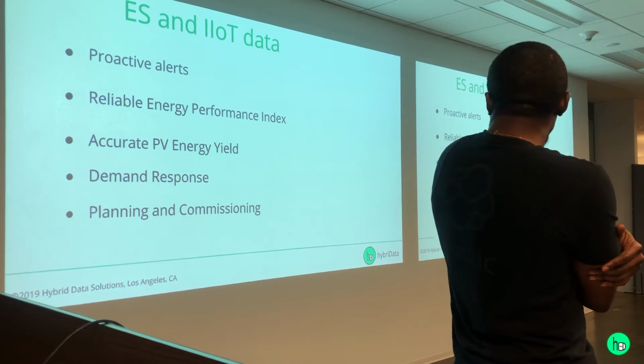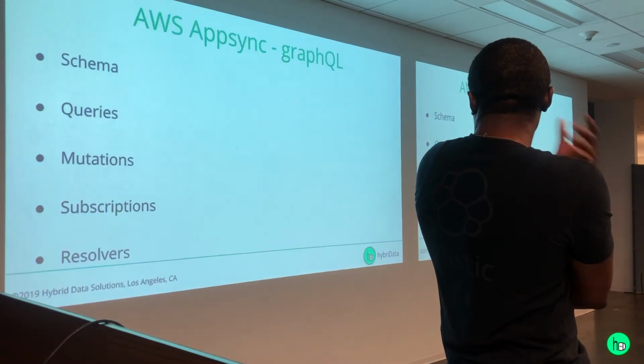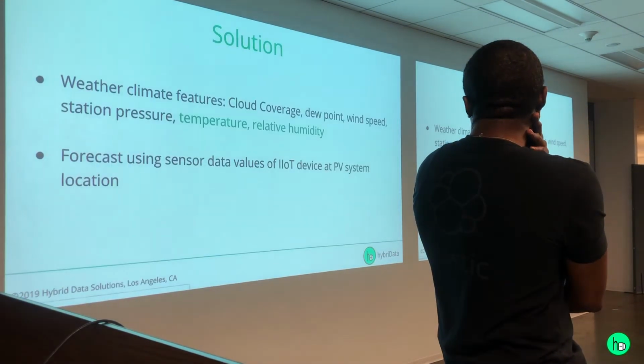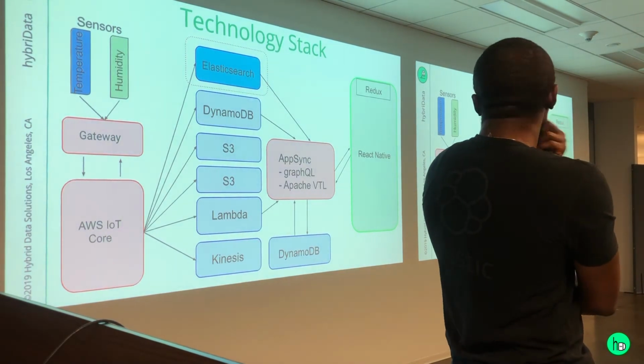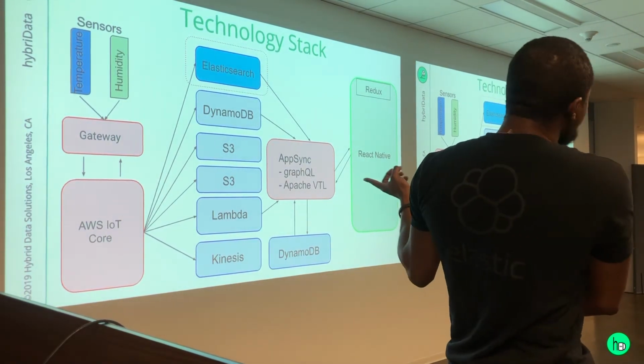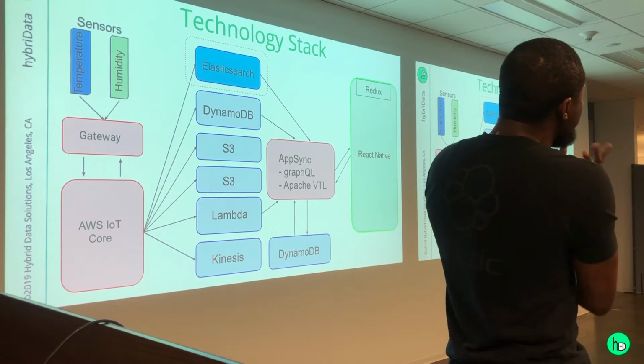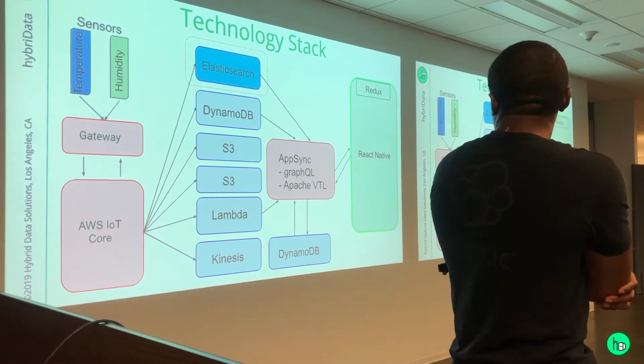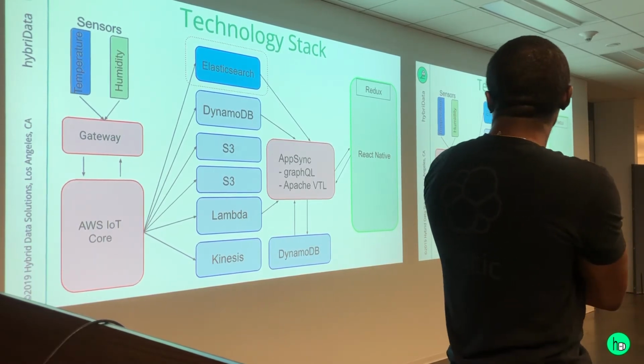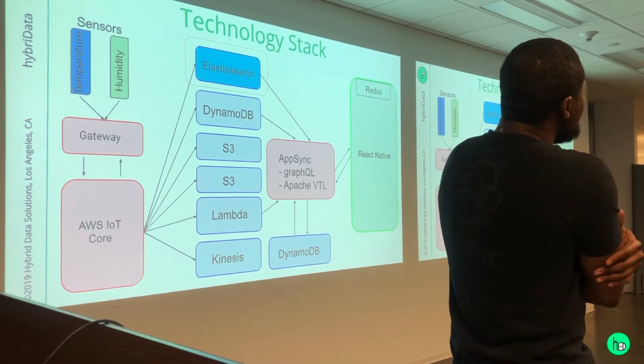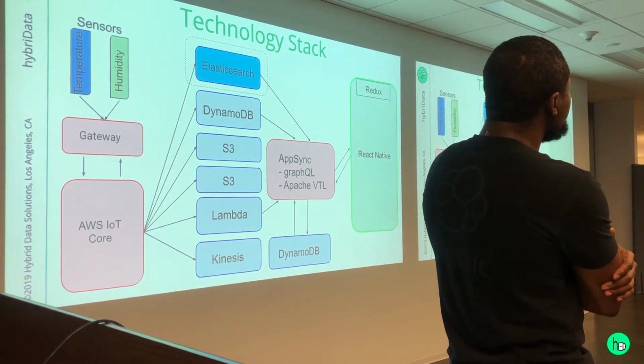And I just put up a vanilla stack. It could go different ways. From your MQTT, you could be pushing this to a Kafka cluster, Kafka broker. You could use a Kinesis Firehose, but this is just making it as plain as possible.